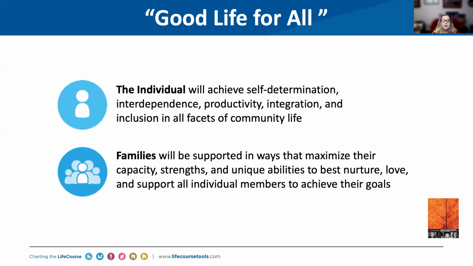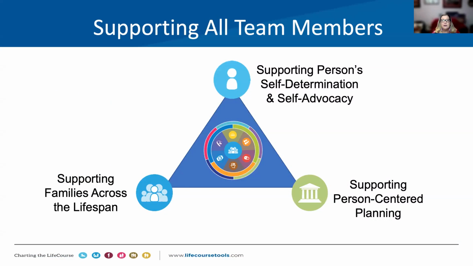And so we want the person that we're focused on to be self-determined, to be interdependent, to be productive and integrated and included in all facets of life. But we also know that the family needs to be supported in ways that maximize their ability, their strengths, their capacity to nurture, love, and support all their individual family members to achieve their goals. And so we want to also think about all the different team members that might be in a person's life.